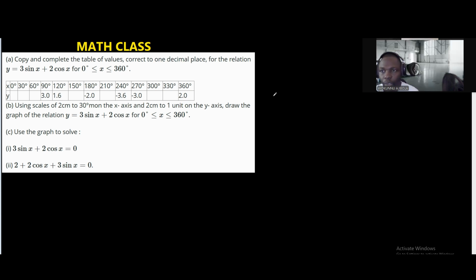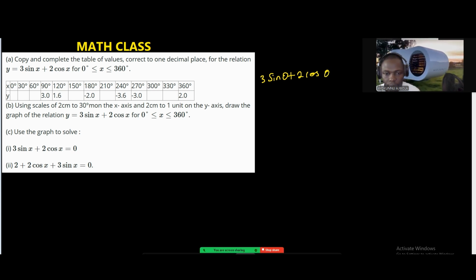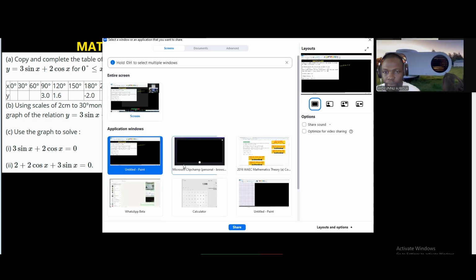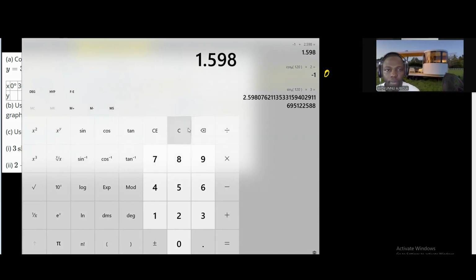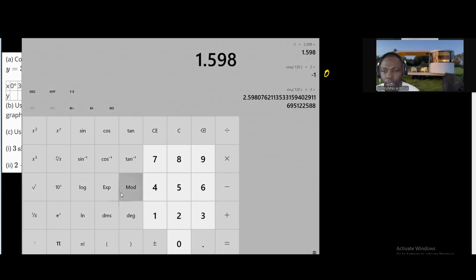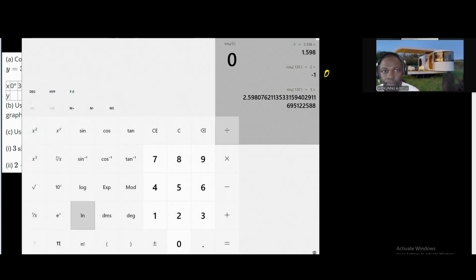So when x is 0 degrees, then the equation becomes 3 sine 0 plus 2 cos 0, okay? Yes, sir. So let me share my calculator so that we use a calculator to do some of this sine cos stuff. Now, for sine 0, you press sine 0, that is 0, okay?